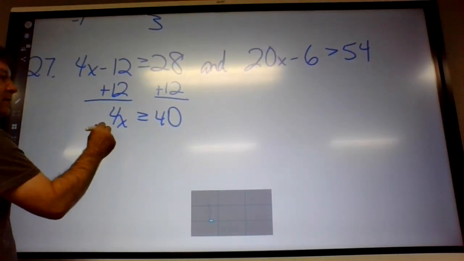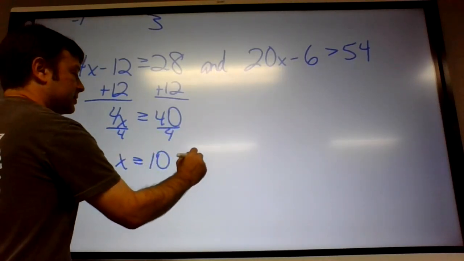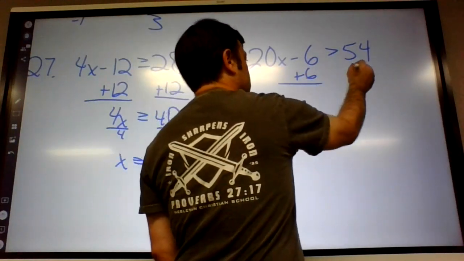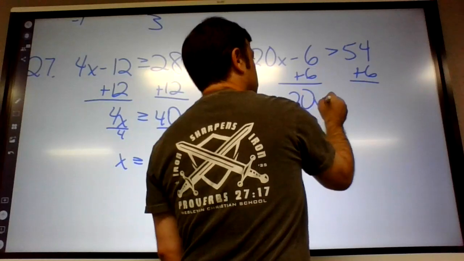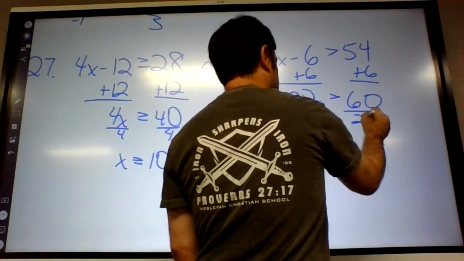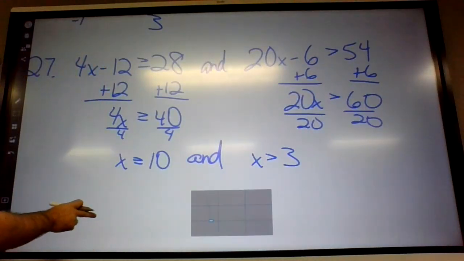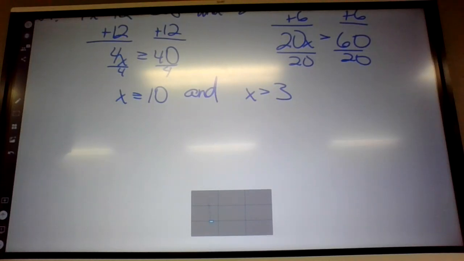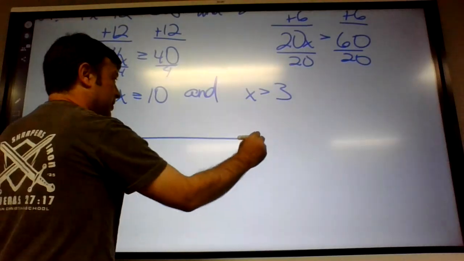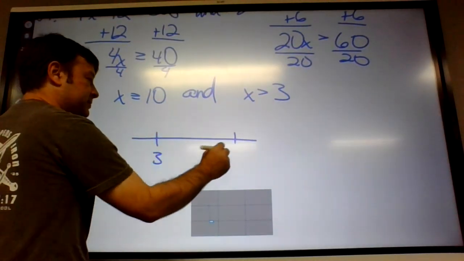So add 12, divide by 4. Okay, now if we weren't graphing, you could stop right there, but we are graphing. 3 and 10.